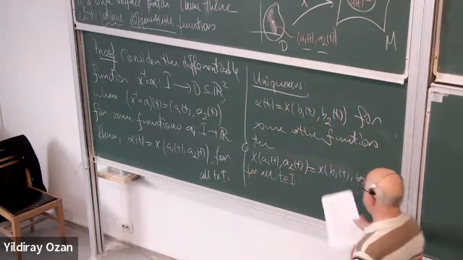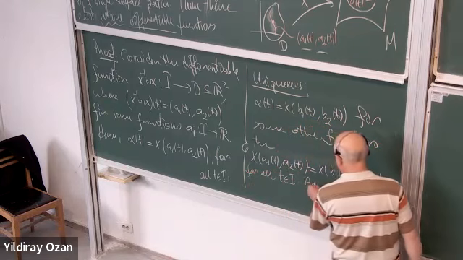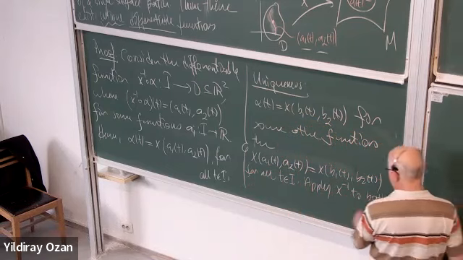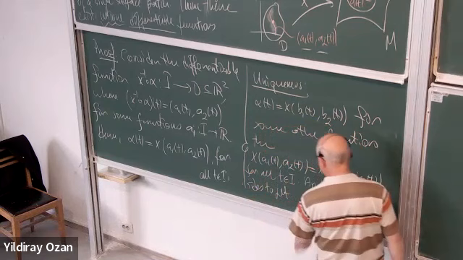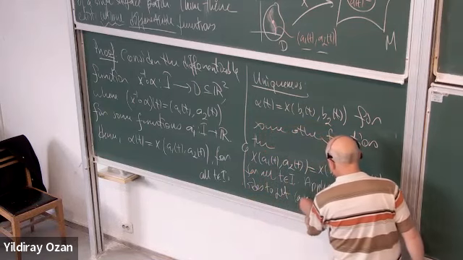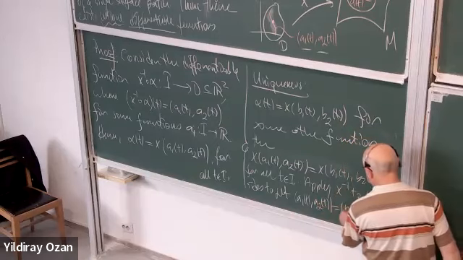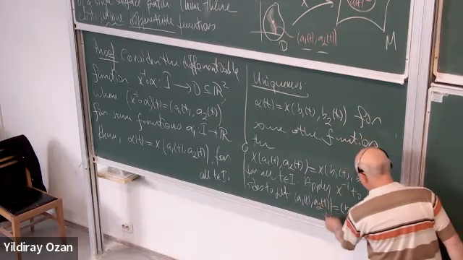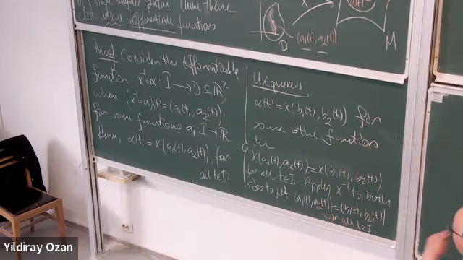But then since x has an inverse, apply x inverse to both sides to get a1(t), a2(t) equals b1(t), b2(t) for all t. And this finishes the uniqueness part.